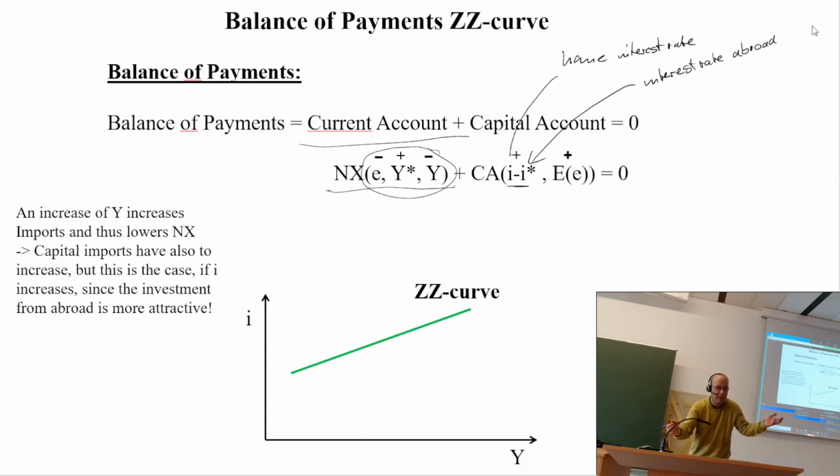If this number is positive, then we would have a capital inflow, and if this number is negative, then we would have a capital outflow.